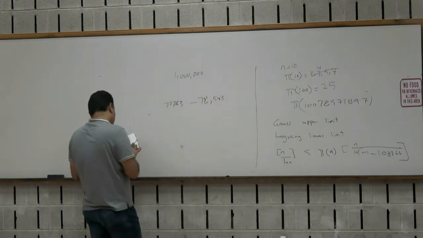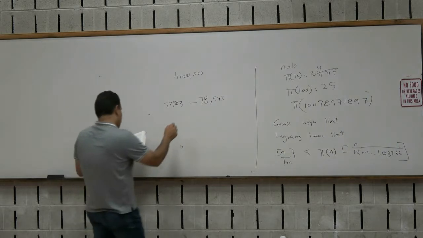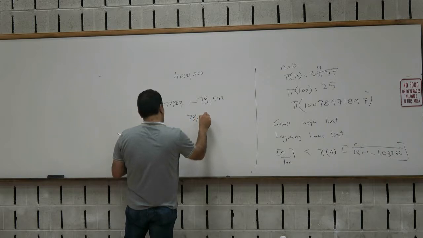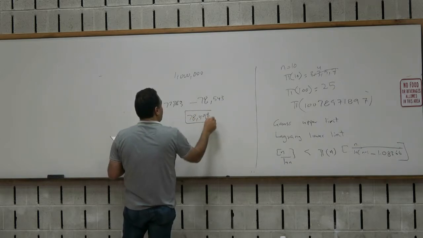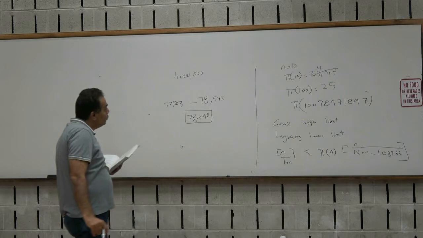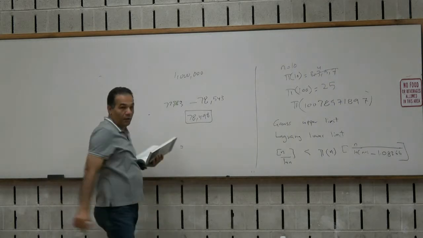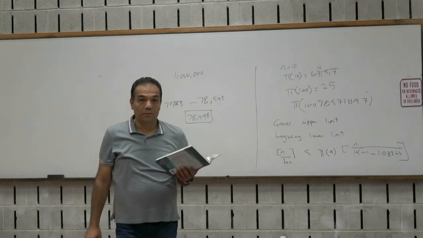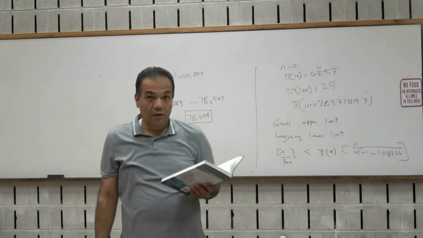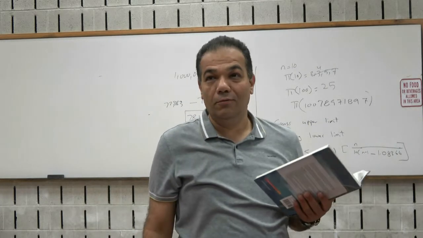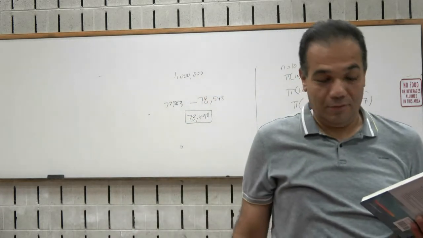That's the range, right? And the actual number is 78,498. So there are close to 80,000 primes less than a million. I'm sure you know what the first prime is, right? 2. All right.